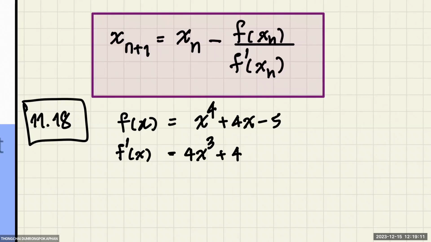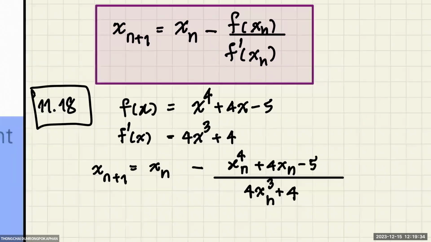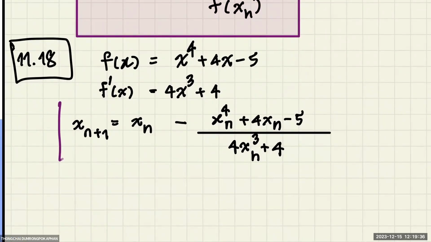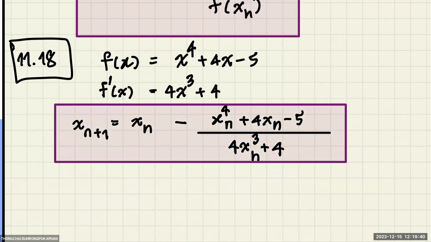Okay? So your formula would be x_{n+1} equal to x_n minus f(x), which is x_n to the fourth plus 4x_n minus 5, divided by 4x_n to the third plus 4. Okay? So this is just the formula to calculate by using the Newton method.